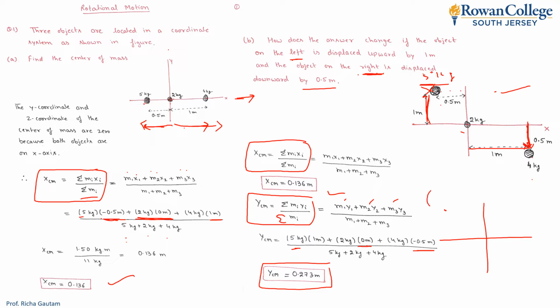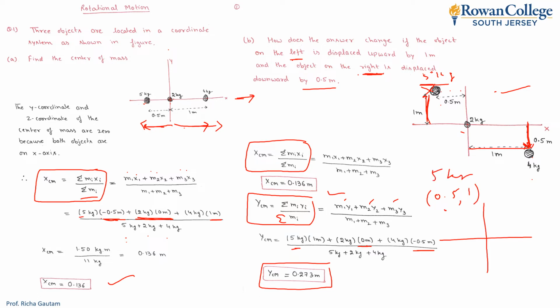The x-coordinate for this 5 kilograms is 0.5, and the y-coordinate is 1 meter.